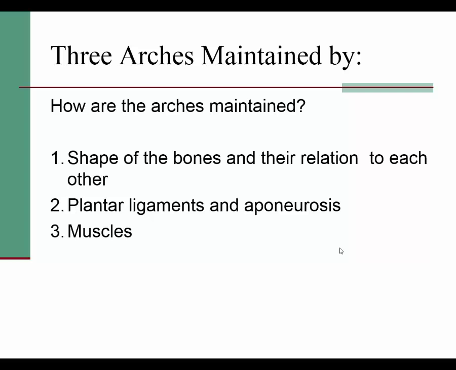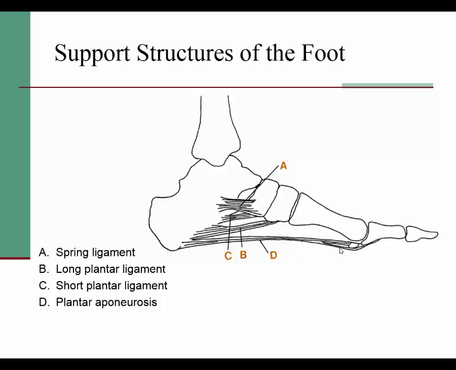Support structures of the foot: you've got the spring ligament, the long plantar ligament, the short plantar ligament, and the plantar aponeurosis, or that fascia. And then here's just another picture, bird's eye view.